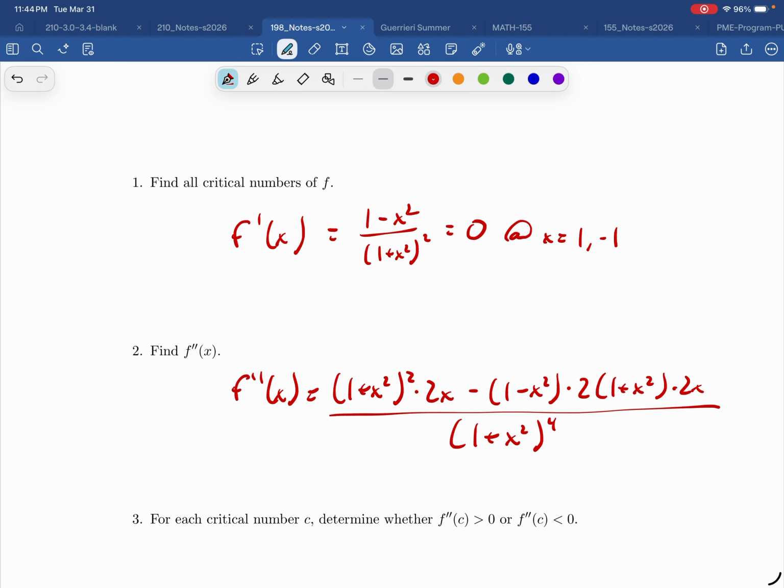And we could clean it up, and actually this is not quite as bad as it looks because we can cancel a 1 plus x squared factor from all that stuff.